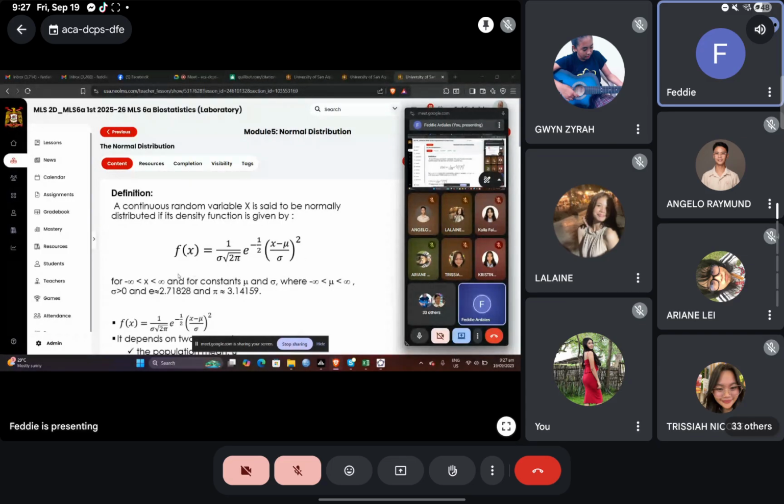The values of x are between negative infinity and positive infinity, for constant mean and standard deviation, where the mean is also between negative and positive infinity, and the standard deviation must be greater than 0. And e is 2.718, and we know the value of pi.